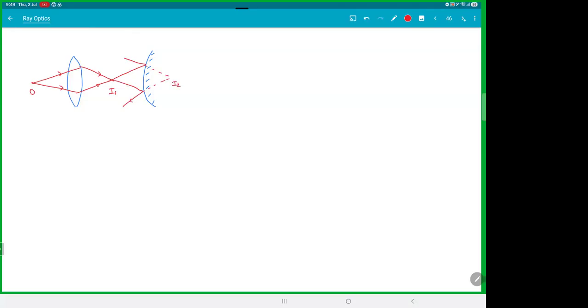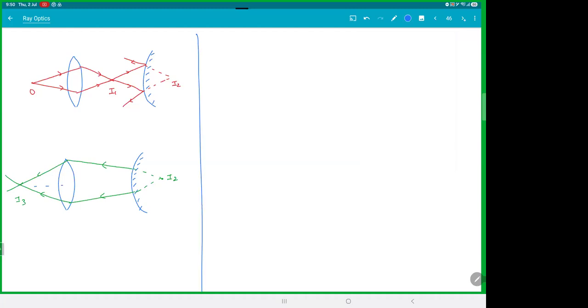This is I2. These rays come and meet here, and they again converge here. This is I3. And at this point the rays will go away. They will not meet anymore, and you're done. Great.